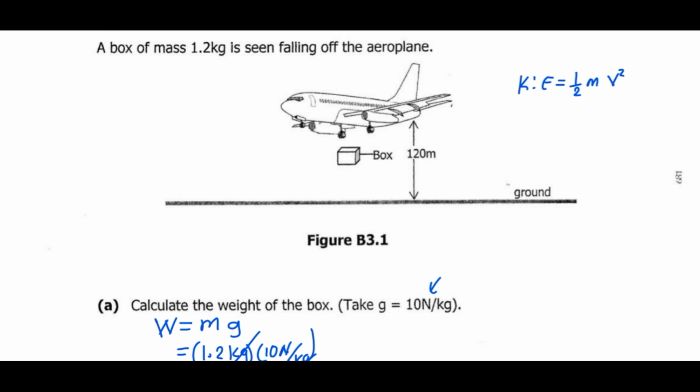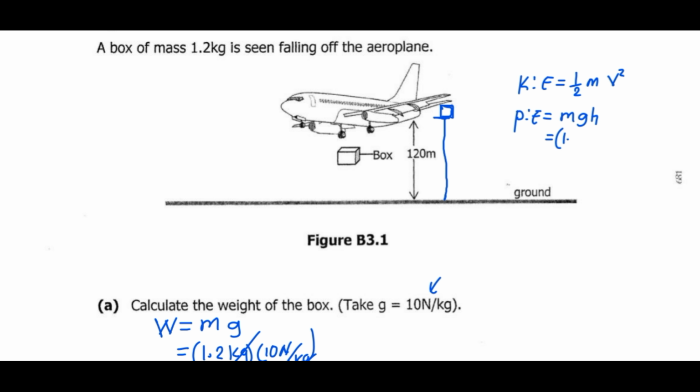So let's analyze this one. We know the distance from the ground up to where the aeroplane was is 120 meters. So what was the potential energy just before this box fell off? We know that potential energy is equal to mass times height times gravity.